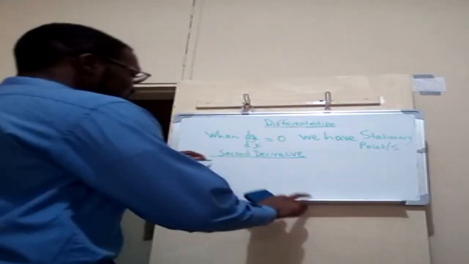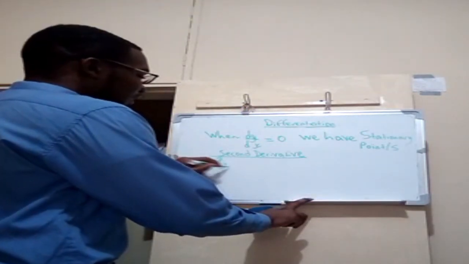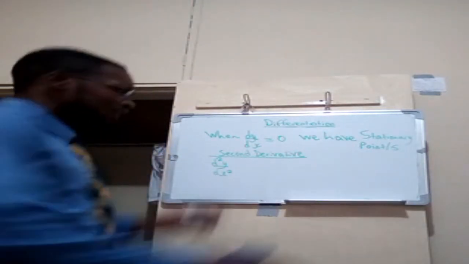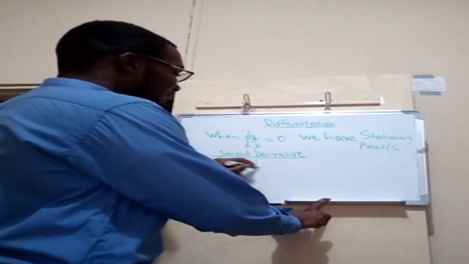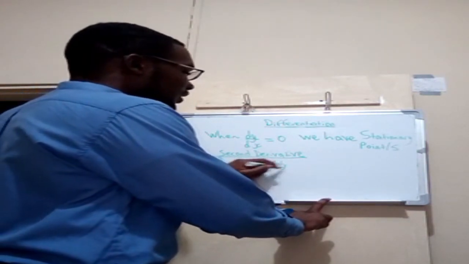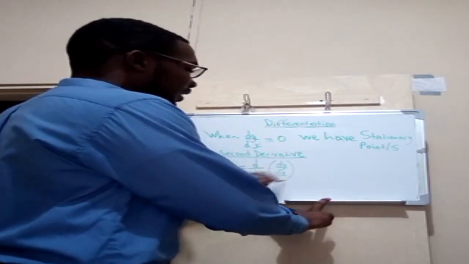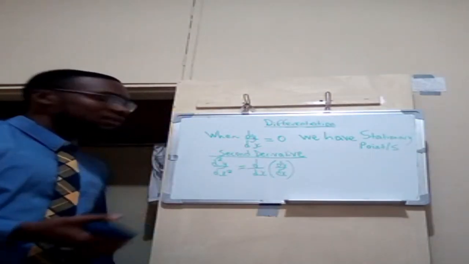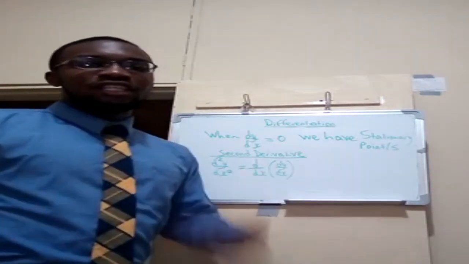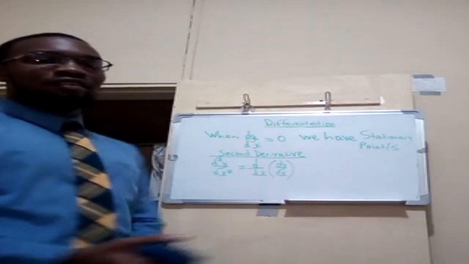The second derivative of a function is d2y by dx squared, and it's equal to d by dx of dy by dx. So this is the second derivative. It just means we differentiate the first derivative, so we differentiate 2 times to get the second derivative.